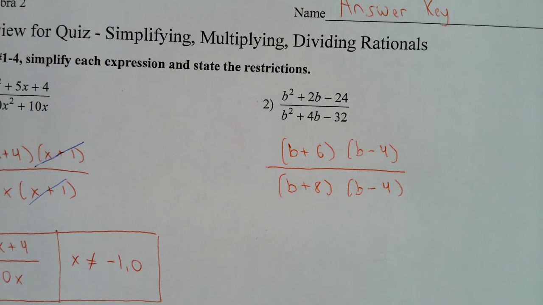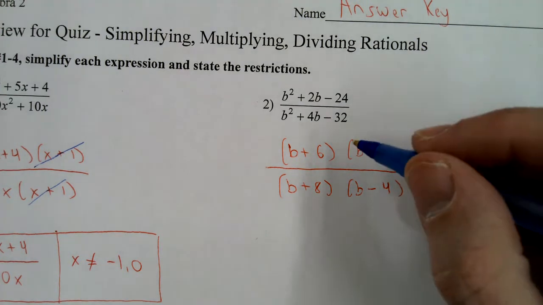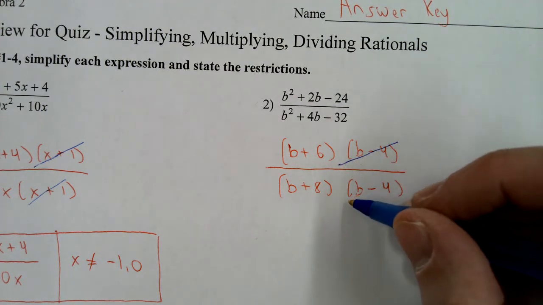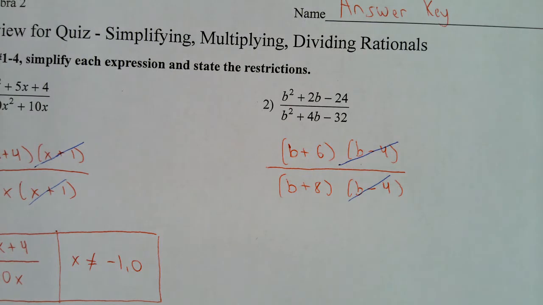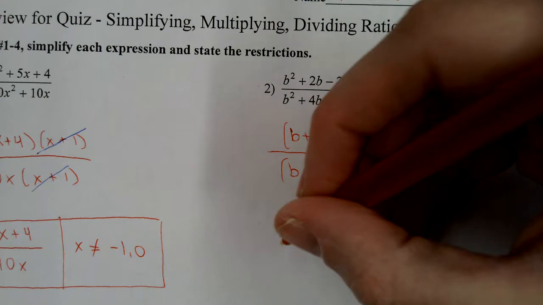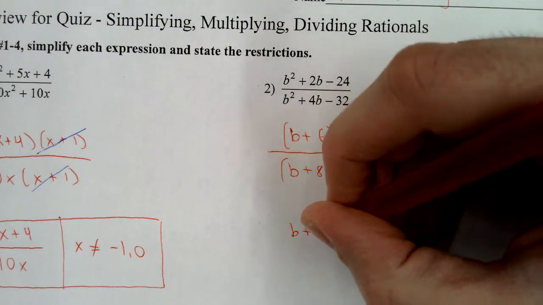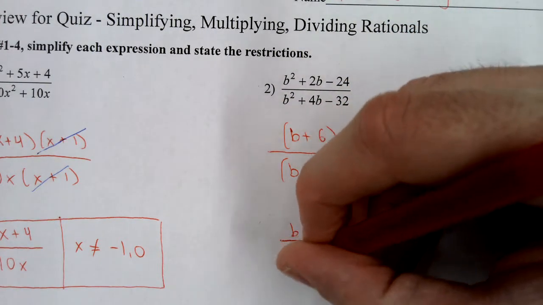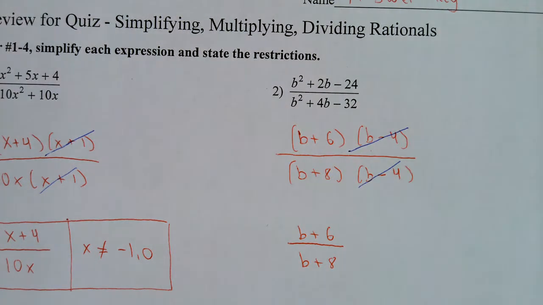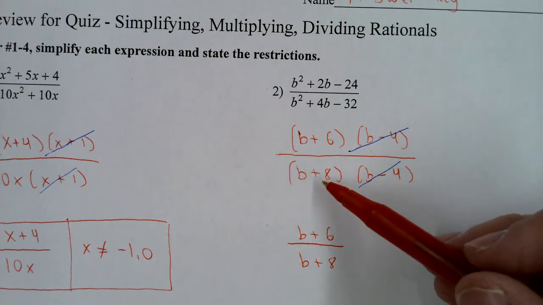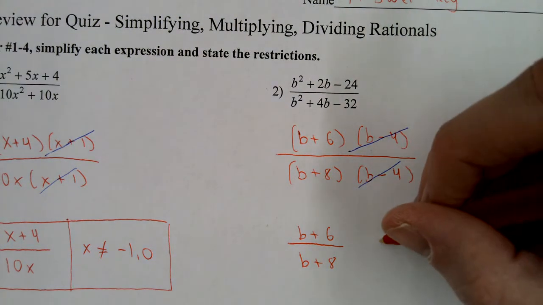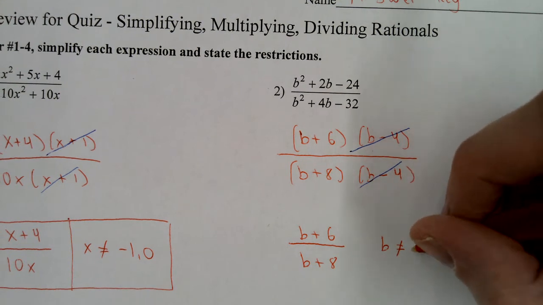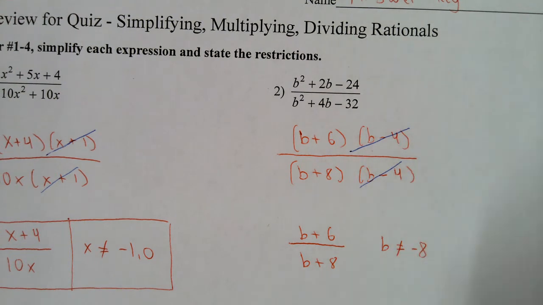Divide out the common factor of b minus 4. And the final answer is b plus 6 over b plus 8. Restrictions: b plus 8 cannot be 0, so b cannot be negative 8, and b cannot be positive 4.